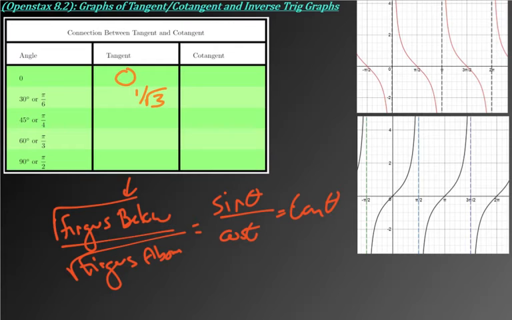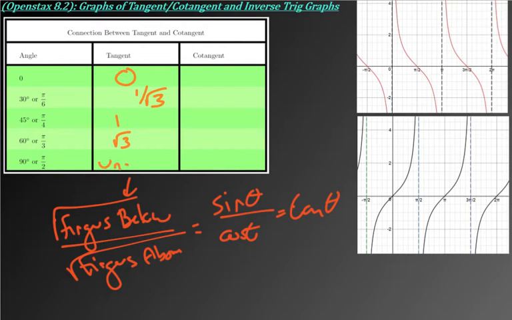The nice one for tangent is actually the pi over 4, because it's halfway through the hand, and so you get the same amount of fingers above and below. You're going to get a 1, right? And then you would get root 3 for pi over 3. And then for 90, you would get square root of 4 fingers below divided by none above.